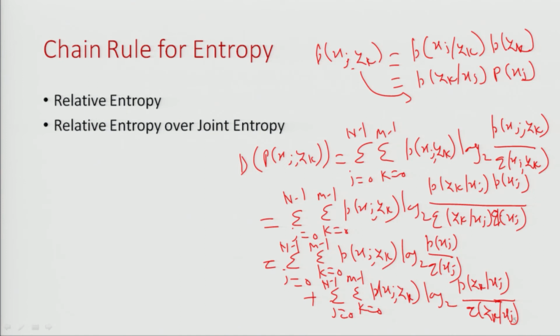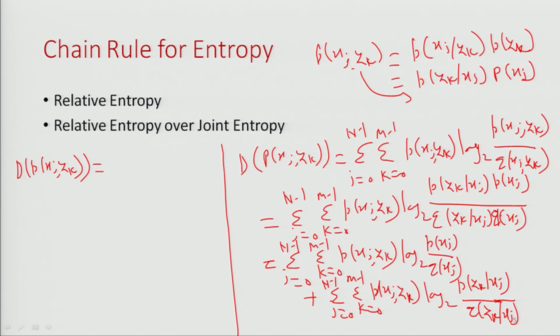Okay. So that first part, here we can write the first part, p(x_j, y_k), equivalent to this first part.